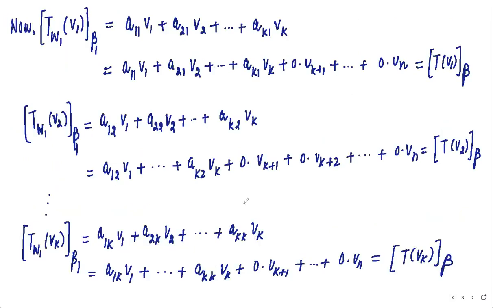So thus the matrix A, this is an n cross n matrix. The first column is the coordinate vector of T of v_1 relative to the basis beta, and its coefficients in the coordinate vector are a_{11}, a_{21}, up to a_{k1}, then the remaining are 0.